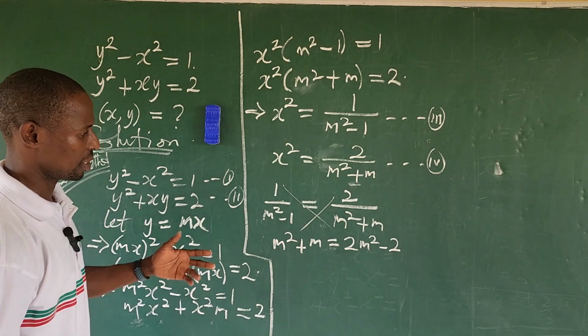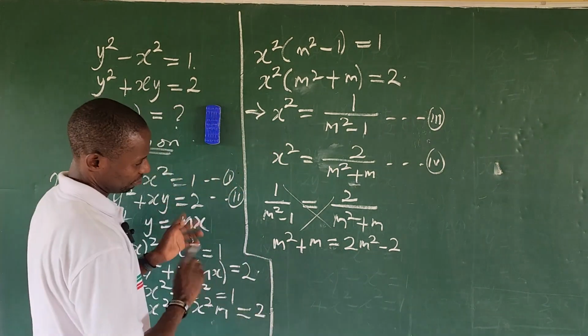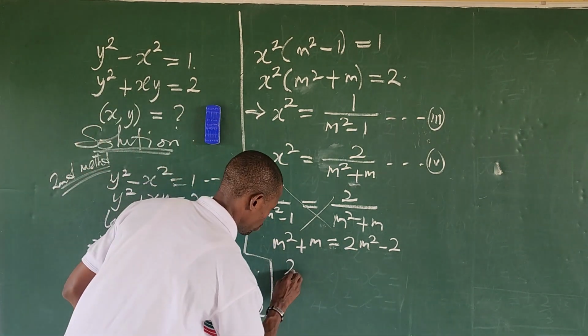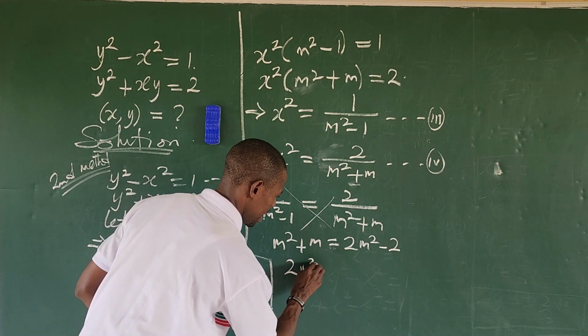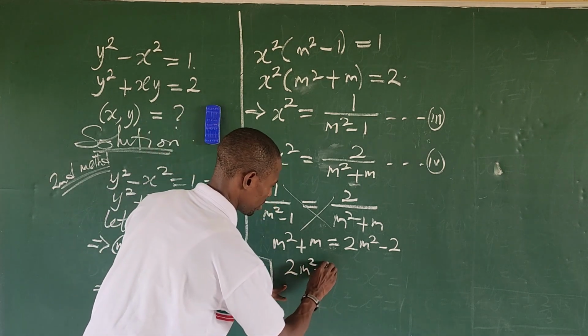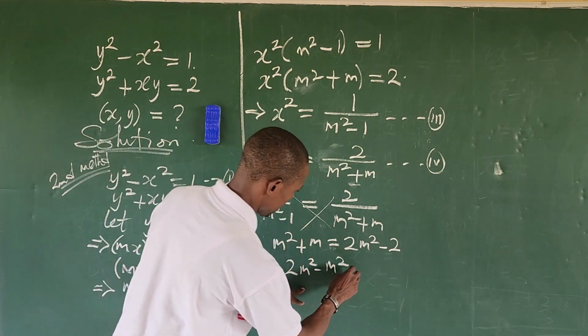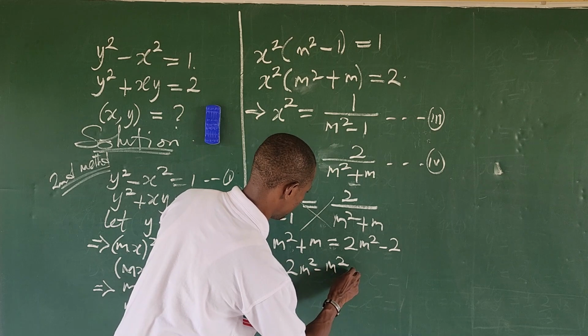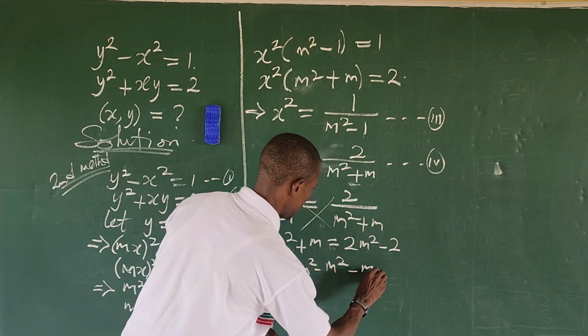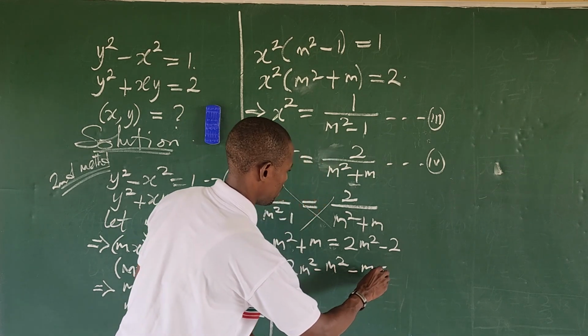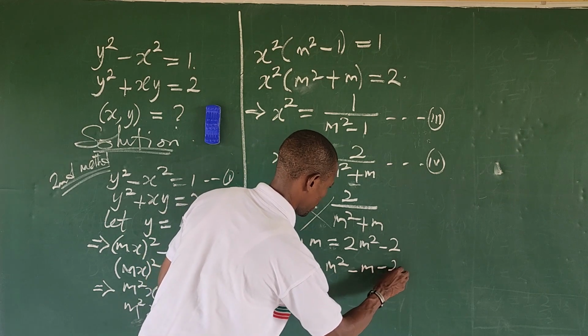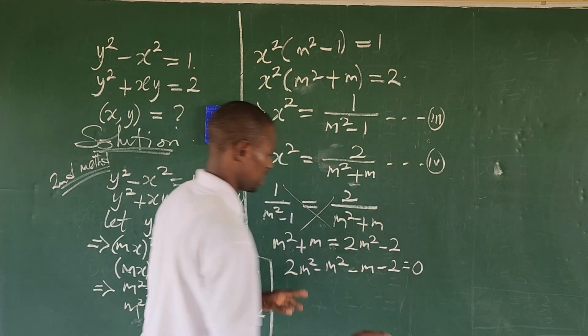Collecting like terms, what will happen? So this will give us 2m squared minus m squared, then minus m, then minus 2, everything equal to 0.